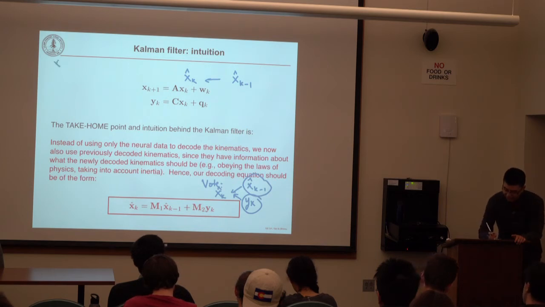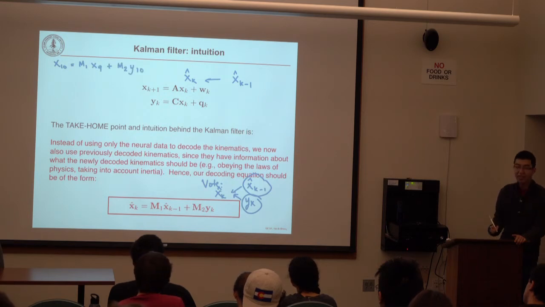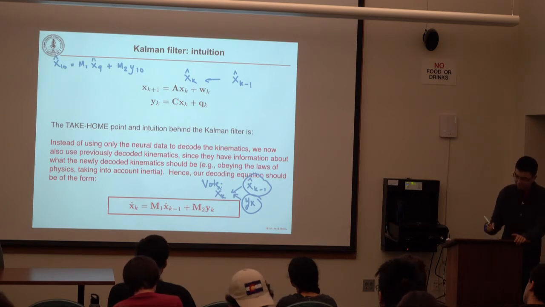Let's say x10 is equal to m1 times x9 plus m2 times y10, right? This was us decoding the kinematics at x of 10.